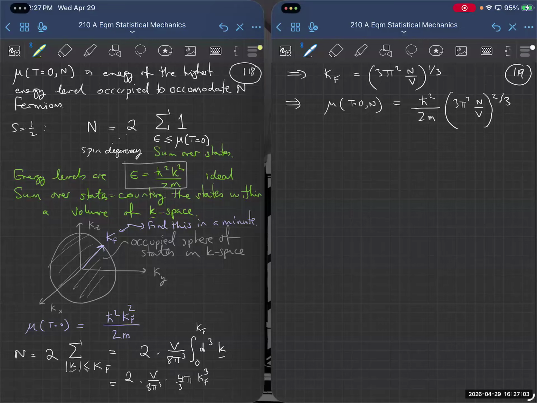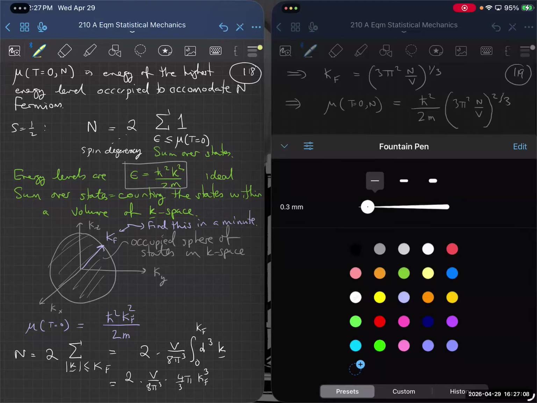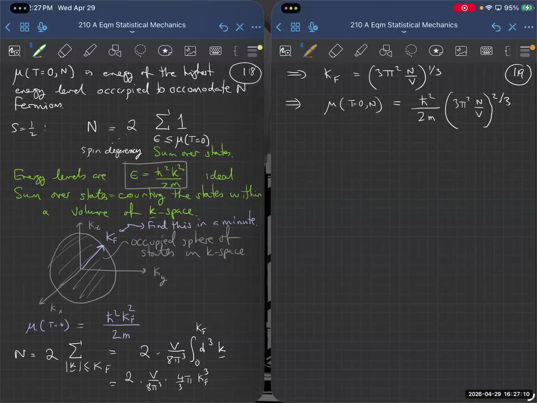So that is the chemical potential at zero temperature. And this has a name. We write this in solid state physics, at least, or actually any area of physics, this is known as the Fermi energy. And this k_F is known as the Fermi wave vector.